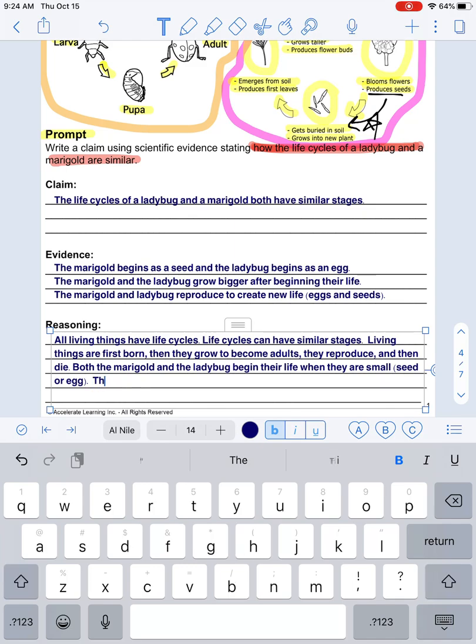So then they grow, and eventually become adult or mature.